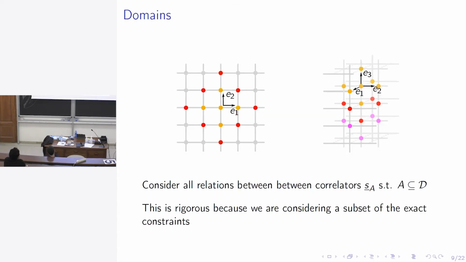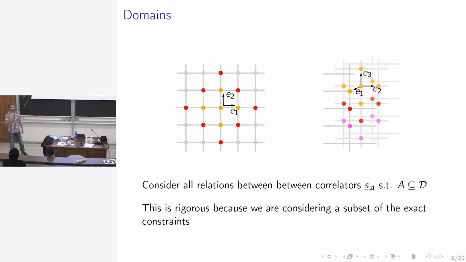So what do we do in practice? I will talk about this in more detail after I introduce the positivity constraints. But in practice, we choose finite subsets of the lattice.